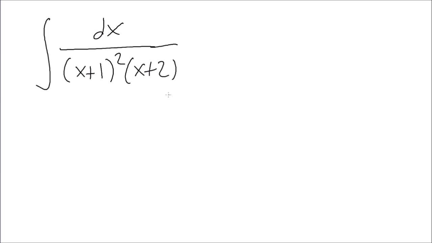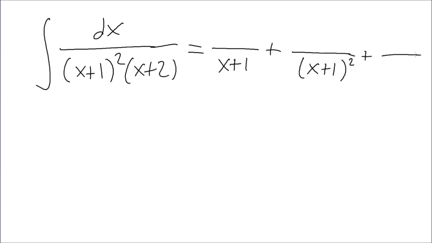So here, what we do in partial fractions, we go like this. Start with x plus 1, but because that's squared, we need another x plus 1 squared, and then x plus 2. Now in our setup, in the Heaviside method, we use the highest degree.